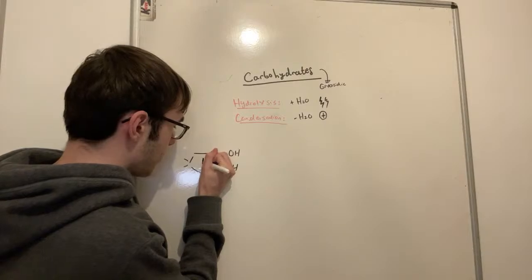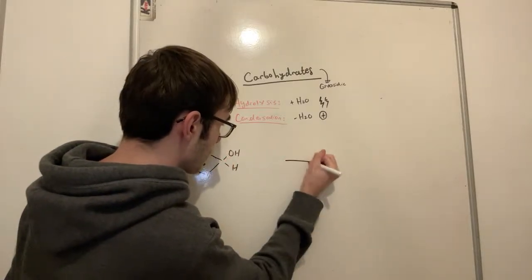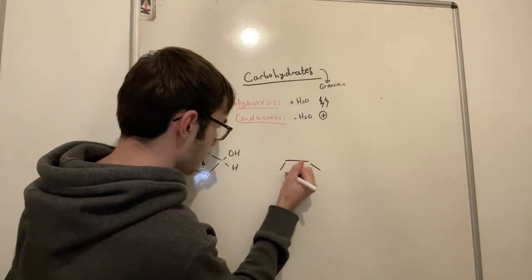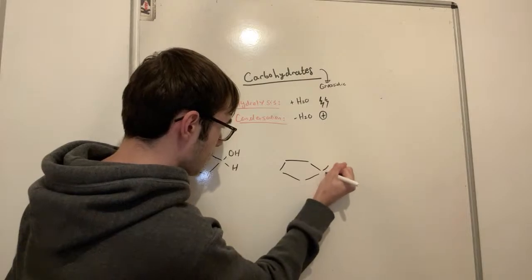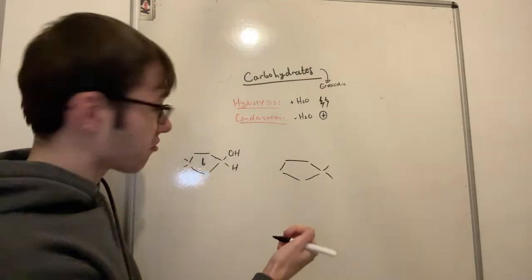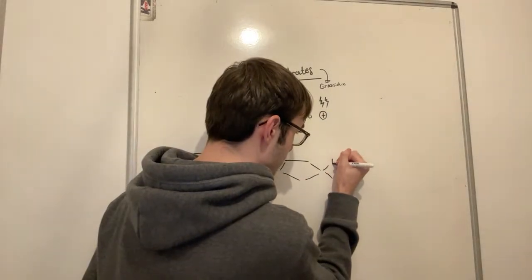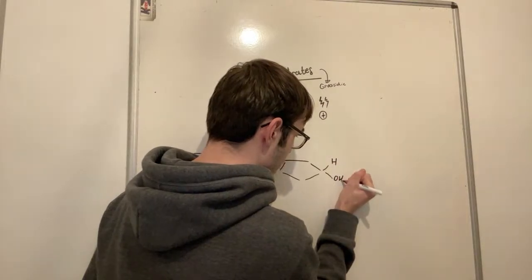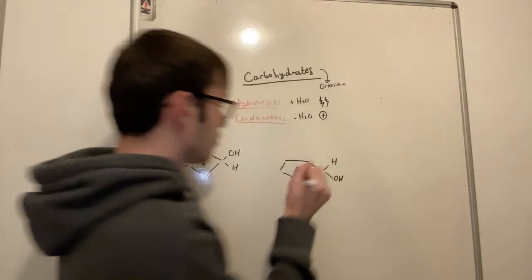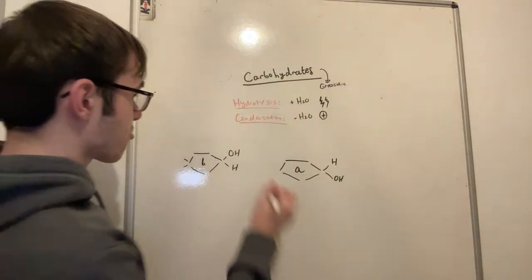So this is going to be beta glucose. And these are pentose sugars, they're both pentose. This is going to be alpha glucose. So these are isomers.